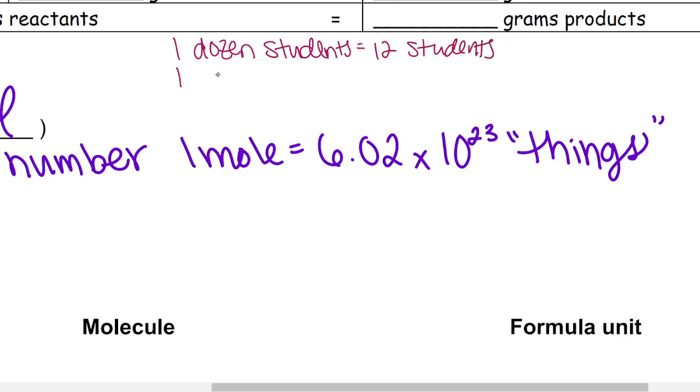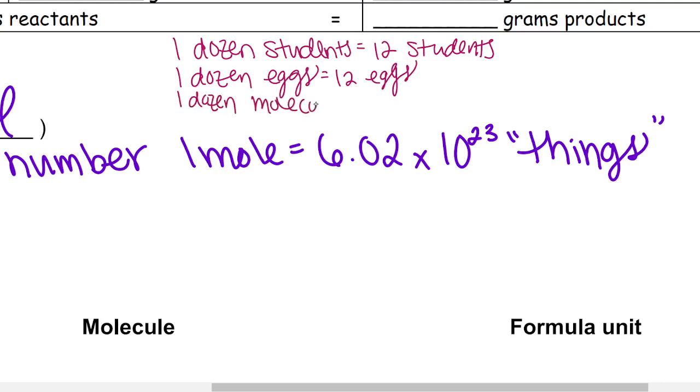If I said I need a dozen eggs, that means how many eggs? 12 eggs. If I said I need 1 dozen molecules, how many molecules do I want? Moles works the exact same way.